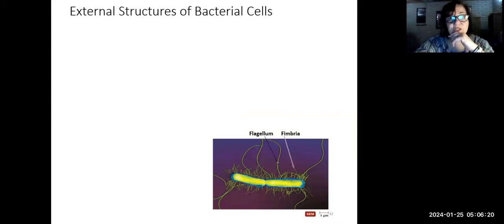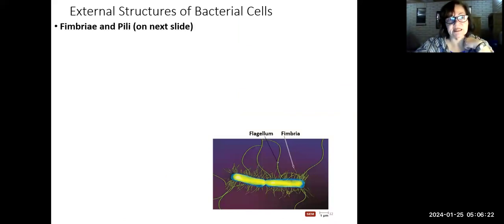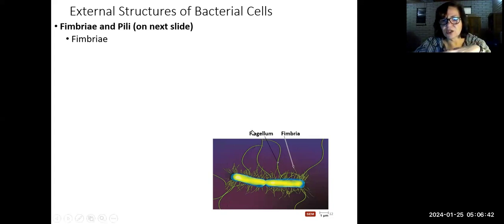Okay, some more external structures of bacterial cells. We have fimbriae and pili. So first we'll do fimbriae. Fimbria is singular, fimbriae with an extra E at the end, that's plural. So the flagella, as you can see, are longer, and the fimbriae are a little shorter.